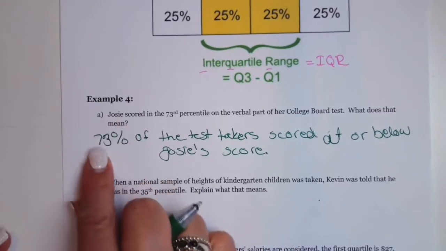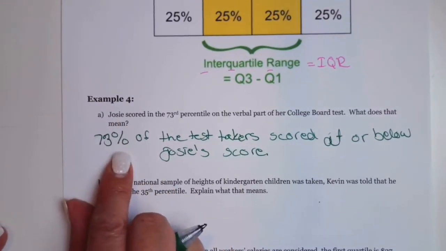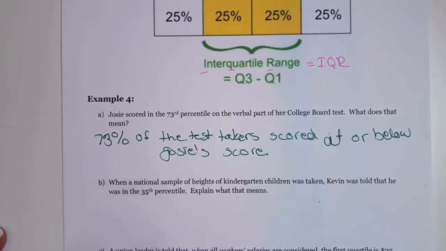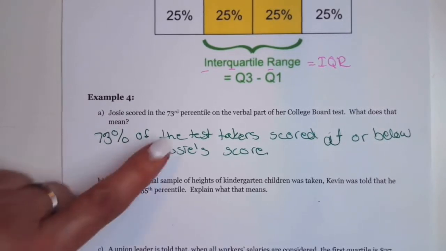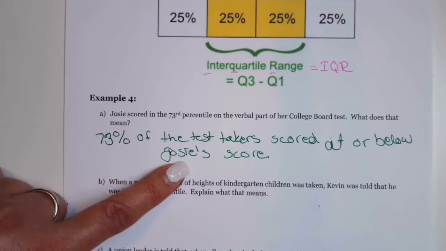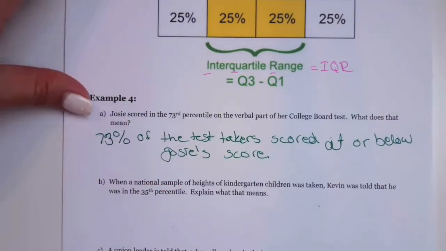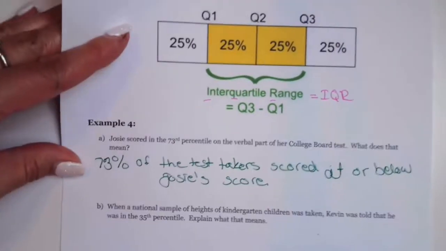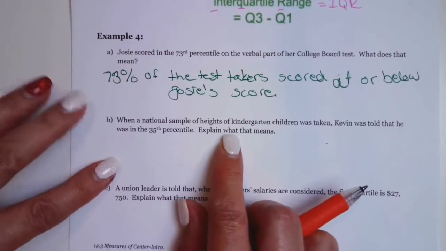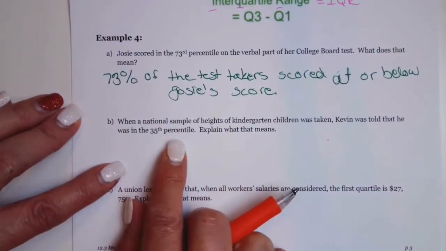If we want to turn it around, 100 minus 73 is 27. So 27% scored better. But 73rd percentile means 73% of the test takers scored at or below Josie's score. B. When a national sample of heights of kindergarten children was taken, Kevin was told that he was in the 35th percentile.